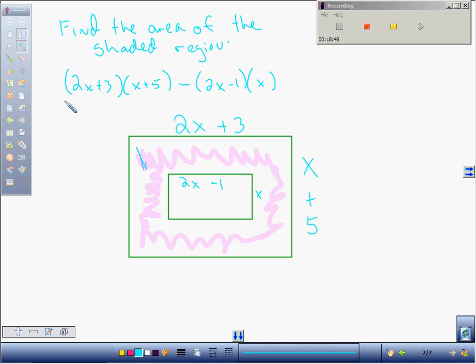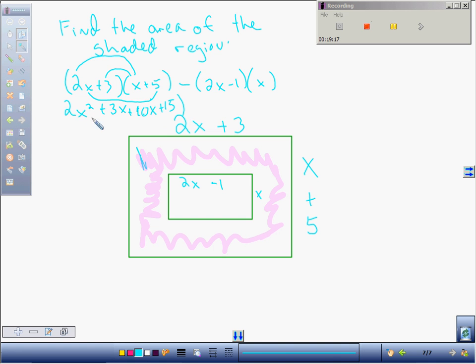I'm going to get 2x squared plus 10x, plus 3x, plus 15.